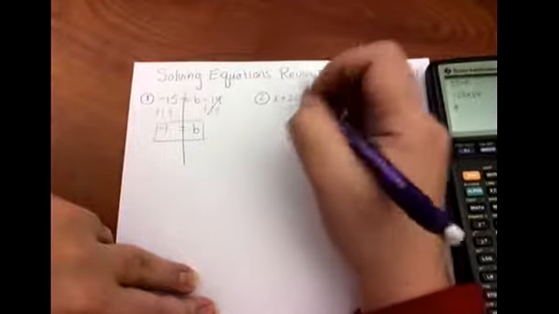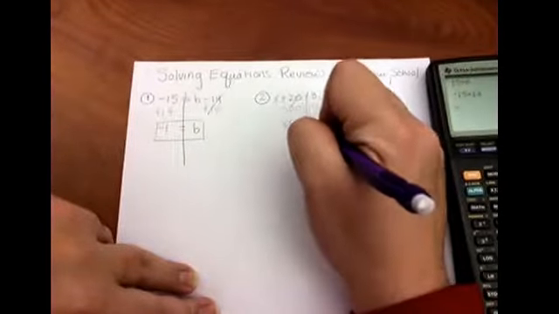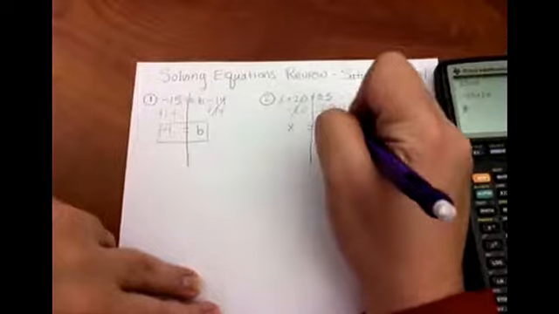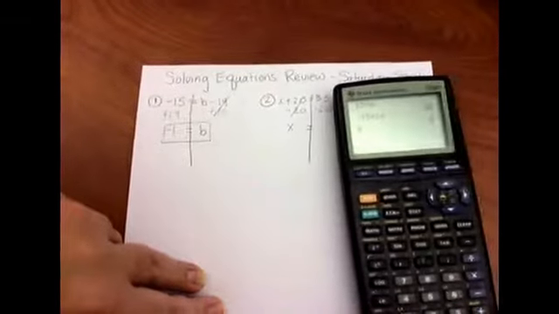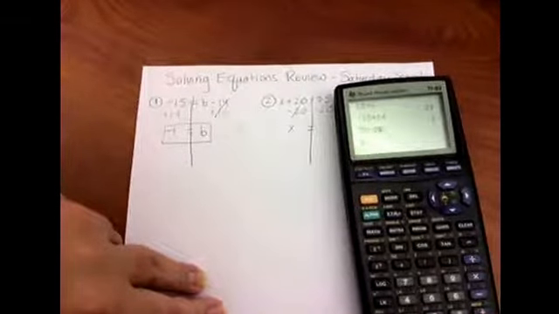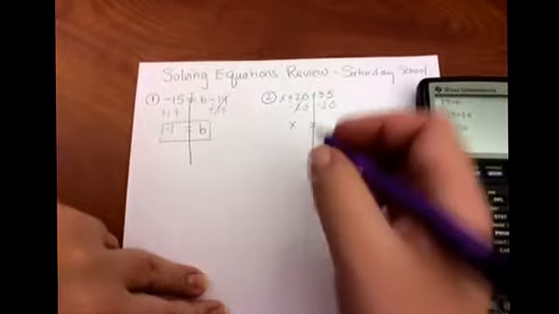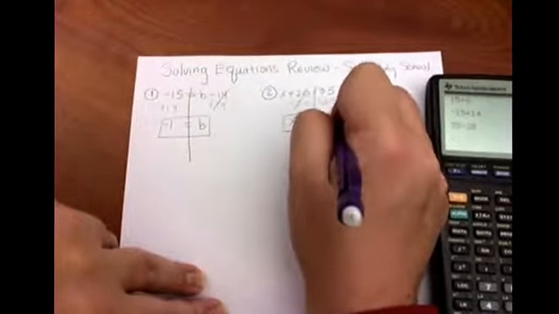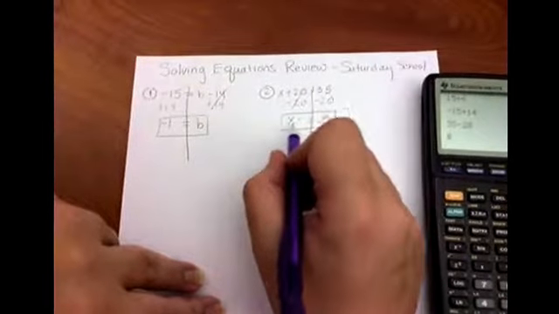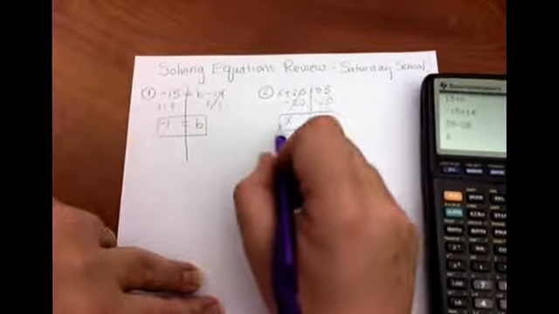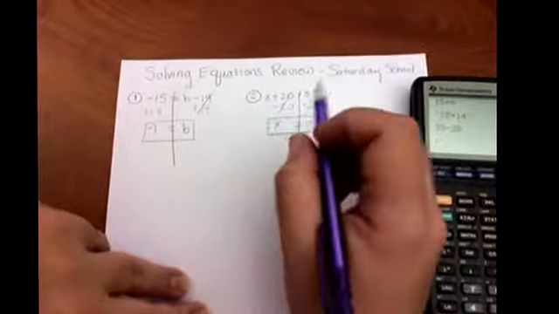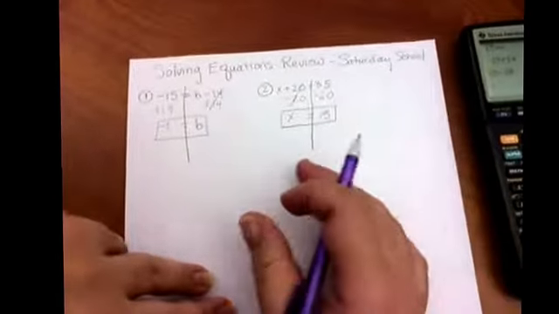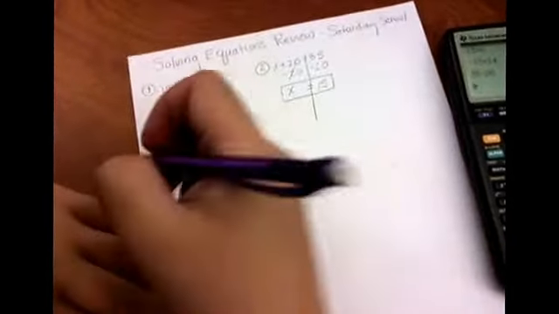X, these are going to cancel out, equals 35 minus 20. 35 minus 20 is 15, so x equals 15. The variable is again isolated. That is my solution. Anytime I get one x or just x, I know I'm finished because there's no coefficient other than 1 in front of the x. Moving on to number 4.